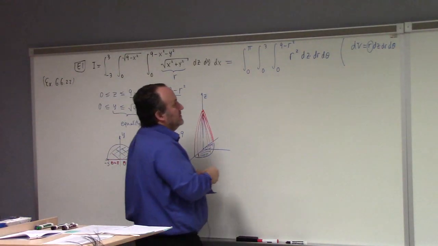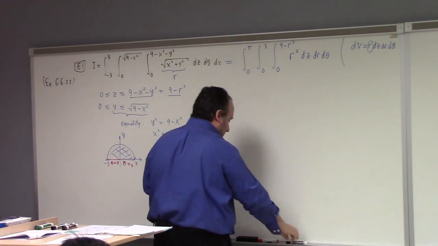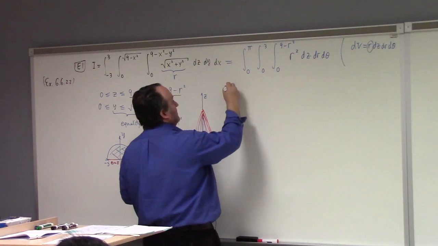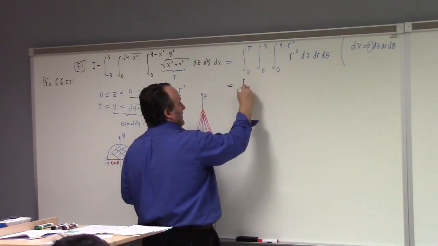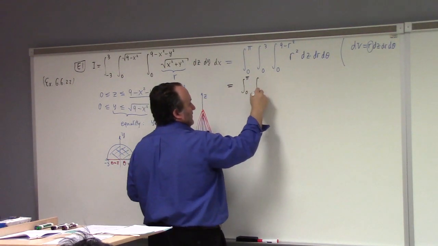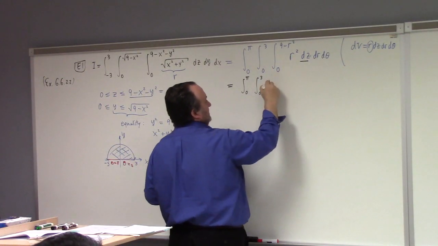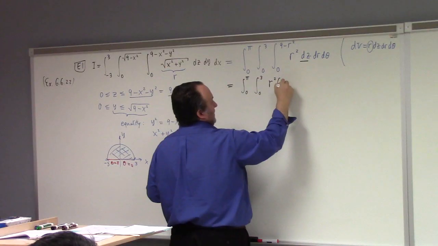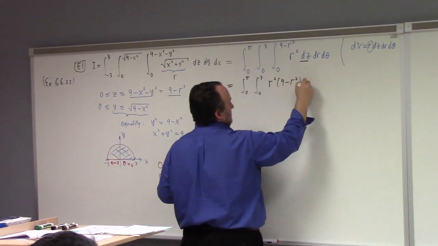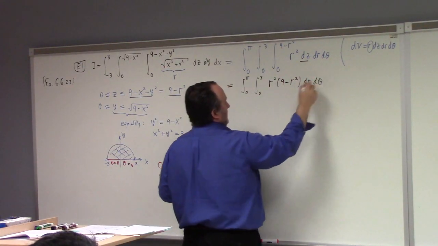So what do I got? I got the integral from 0 to pi, the integral from 0 to 3. The dz simply integrates to r squared times 9 minus r squared, all right?